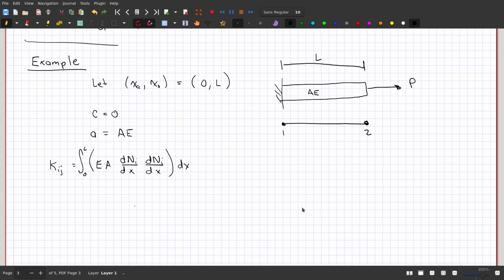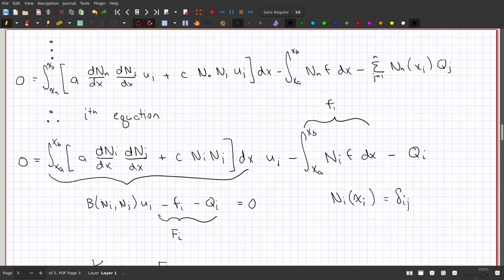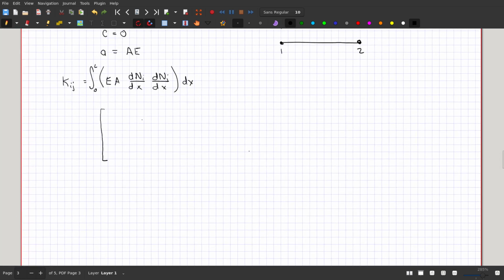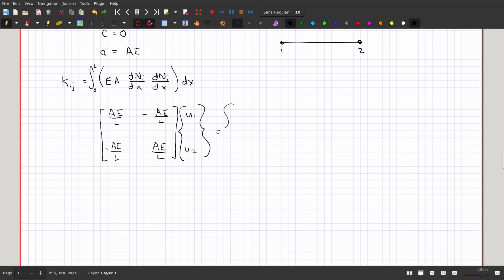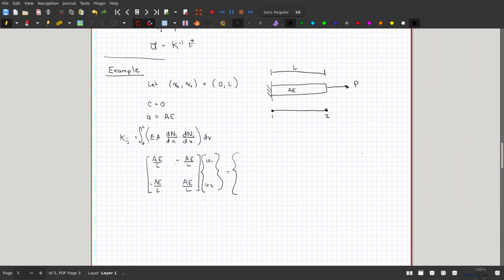So if we write that down, we have AE over L, minus AE over L, minus AE over L, AE over L, times the unknown displacements, U1 and U2, and that's equal to, and so in this problem our Q is P, and it's actually Q2, right?